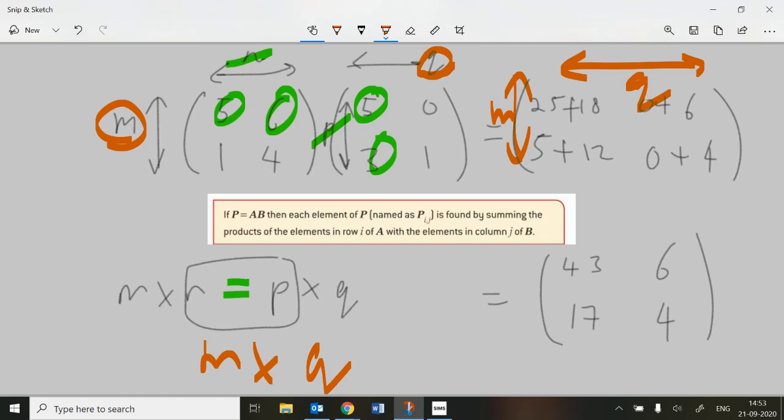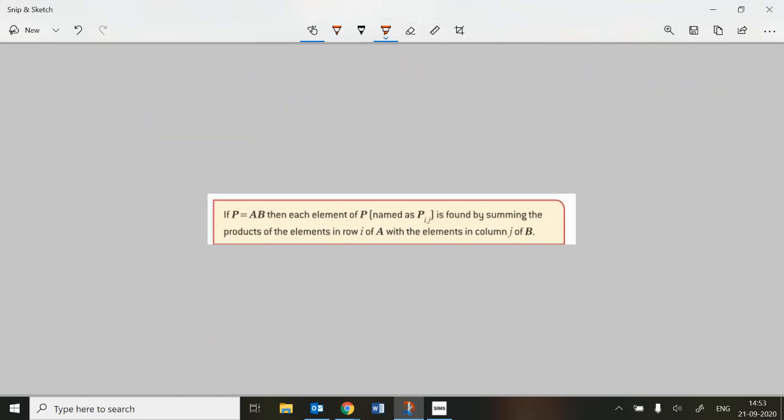Okay, let's just show another example of this one. I'm not going to do all the mechanics of the numbers here, but let's just say we did a 2 by 3 matrix, so 2 rows and 3 columns, and then we times that by a 3 by 2 matrix.